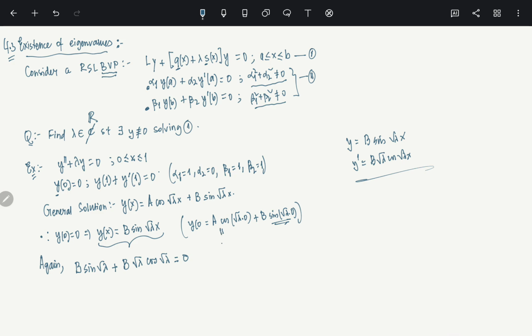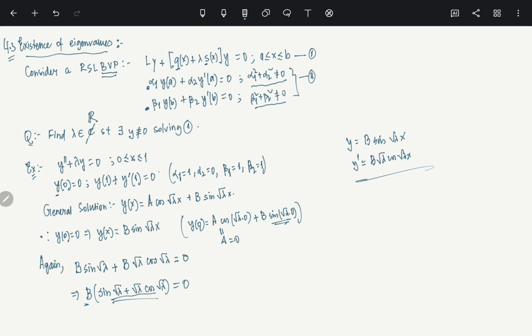Now you see, what do we already have? We already have that a is 0 from this condition. Now in this equation, you can take b common, so you can write it like this: b times (sine root lambda plus root lambda cosine root lambda) is going to be 0. Here we can put either b is 0 or this particular term is 0.